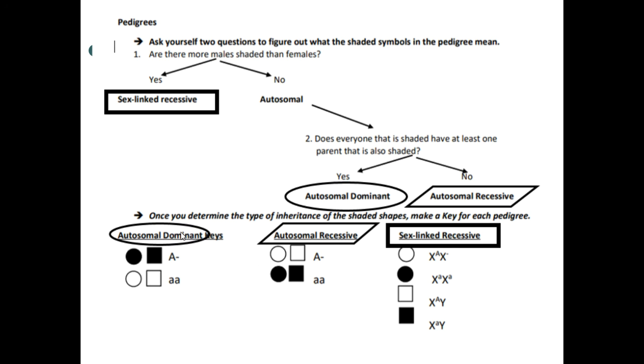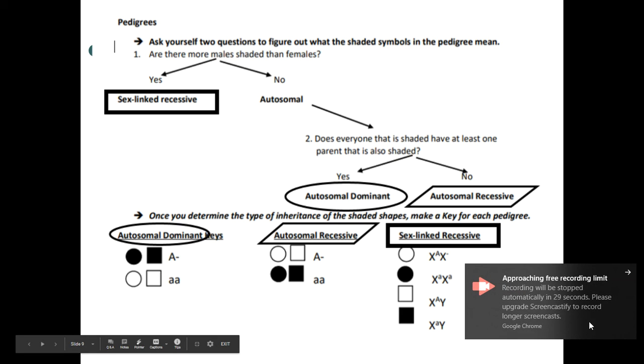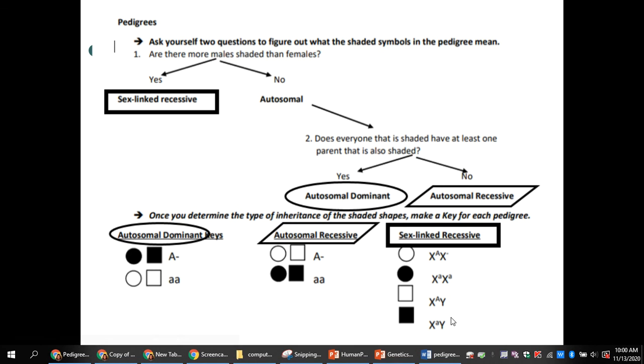If it's autosomal dominant, it's going to be at least 1 big letter, and that means the 2 little letters are not shaded. And if it's sex-linked recessive, that means if it's shaded, females will have to have 2 little letters, and males will have only 1. Normal females will have at least 1 big letter. Males only have 1, so we know what their genotype will be.